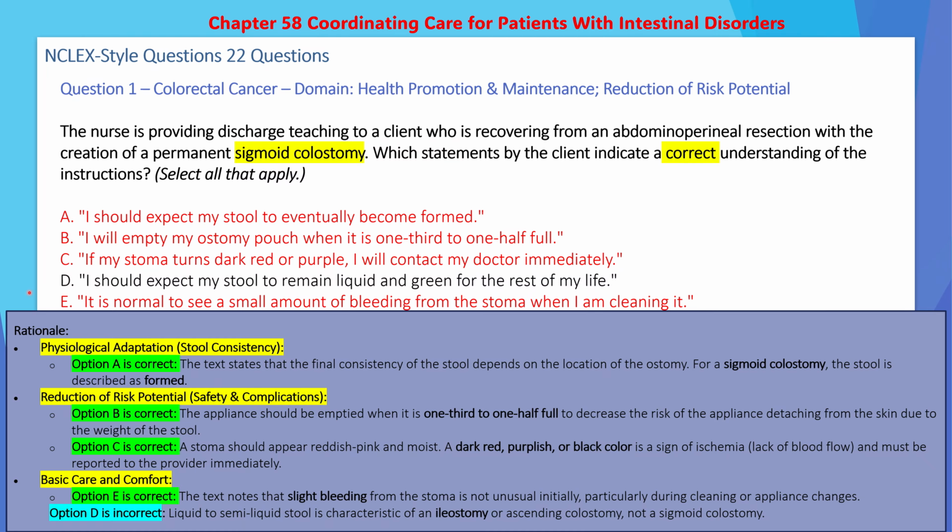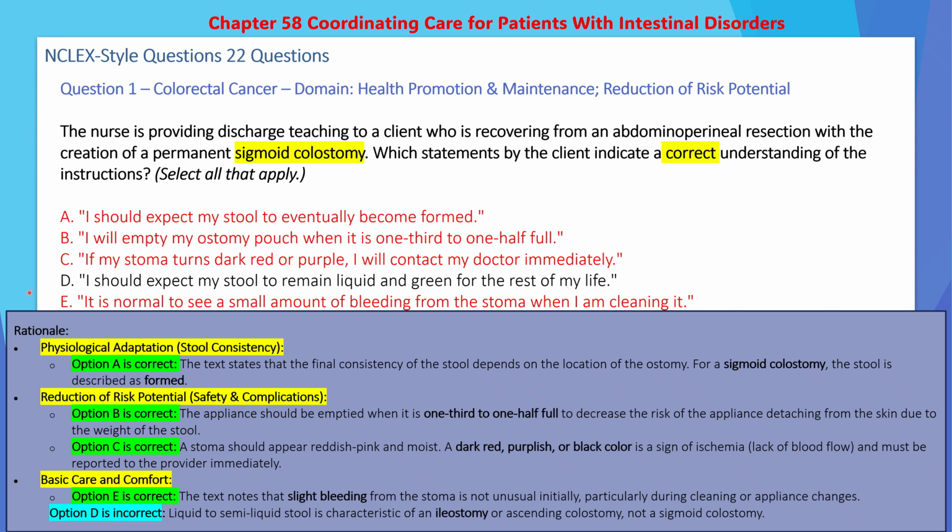A dark red, purplish, or black color is a sign of ischemia, lack of blood flow, and must be reported to the provider immediately. As you see here, option E is correct. The text notes that slight bleeding from the stoma is not unusual initially, particularly during cleansing or appliance changes.